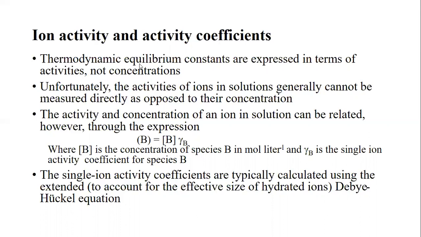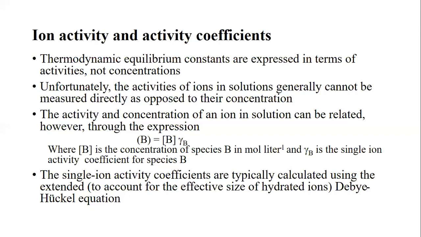So what I'll talk about is the ion activity and activity coefficients. If you remember, we have talked in the undergraduate about two types of equilibrium constant. One we call the thermodynamic equilibrium constant, and the other is the conditional equilibrium constant. The conditional depends on the concentration. It's not stable and it's not a constant value, while thermodynamic equilibrium constants are constant at constant temperature and pressure.